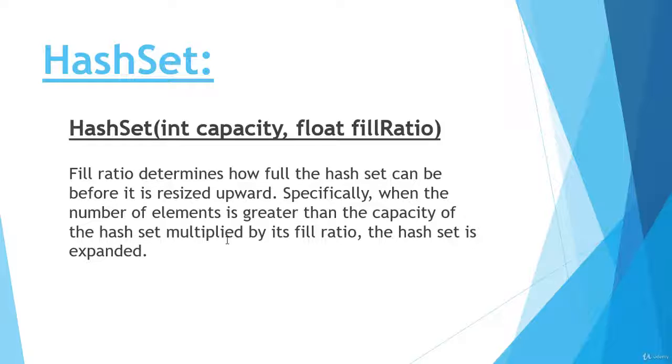Specifically, when the number of elements is greater than the capacity of the HashSet multiplied by its fill ratio, the HashSet is expanded. So the fill ratio is multiplied by the capacity, and with that result we can expand our HashSet. This fourth constructor takes two things: the initial capacity and the fill ratio.